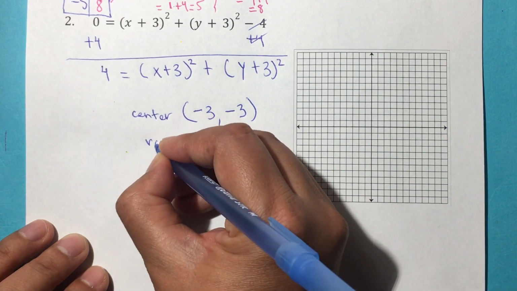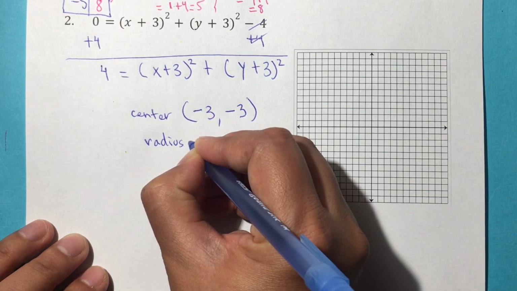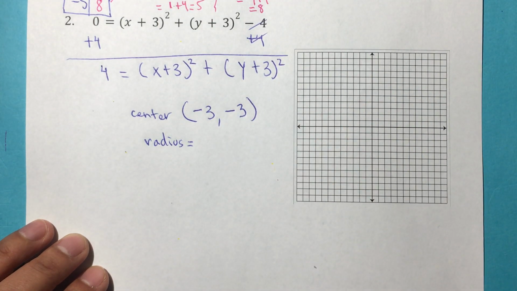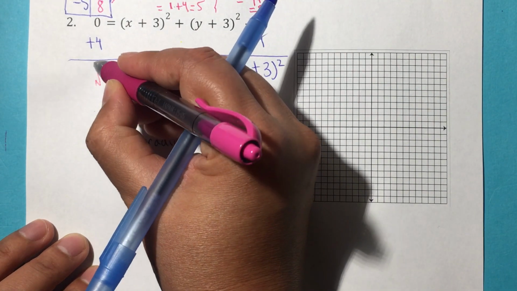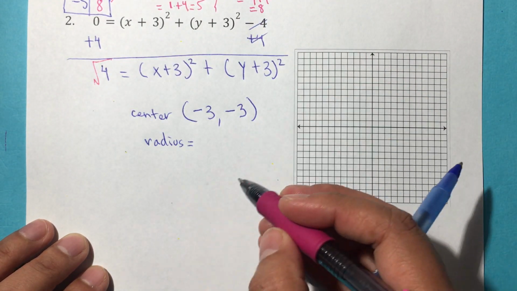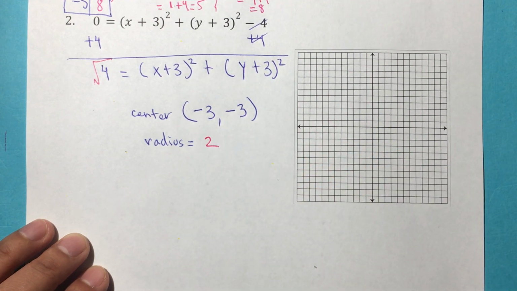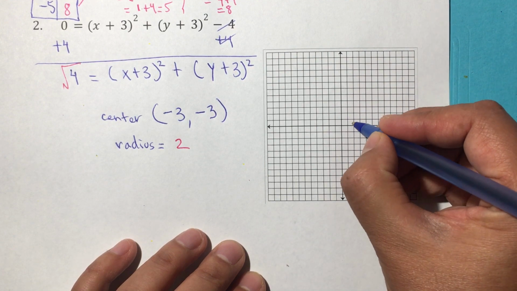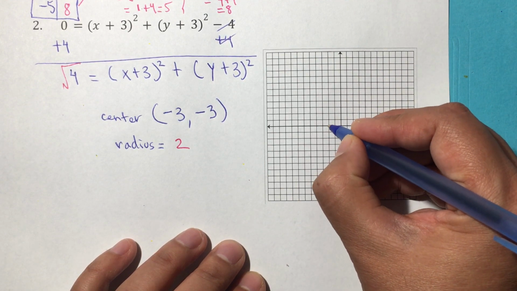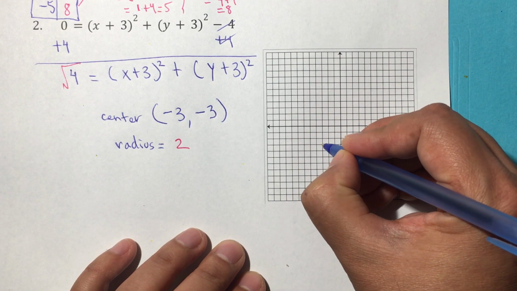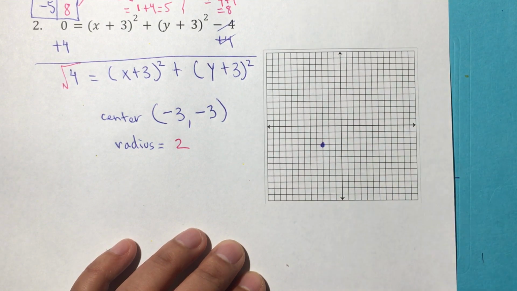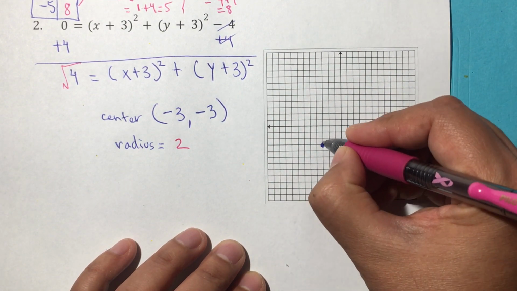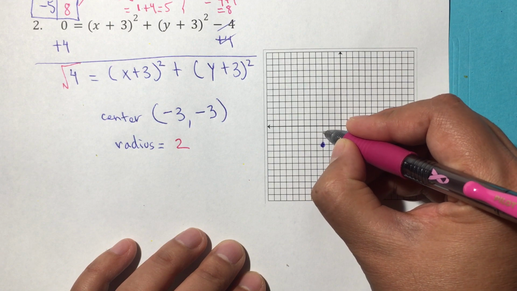And then the radius will be the square root of the answer. In that case, square root of 4 is 2. So 2 spaces. So now that we have our center and our radius, we can go ahead and graph it, which is -3, -3. That's my center. And then you have to graph it with a radius of 2 spaces away.